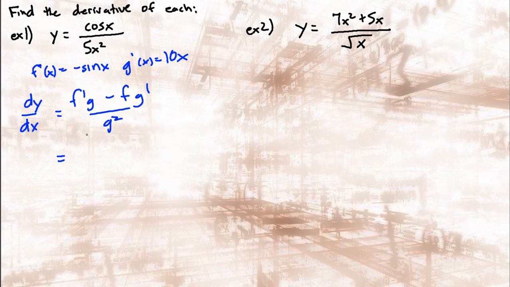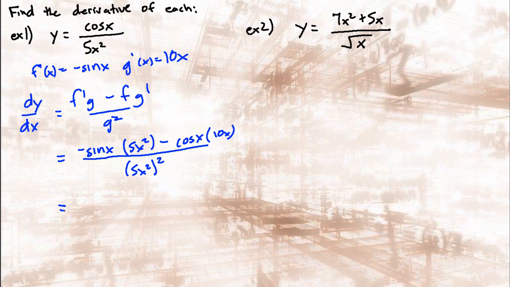So the derivative of the numerator is negative sine x times the denominator, 5x squared, minus the numerator times the derivative of the denominator, all over the denominator squared. So we can simplify this down a little bit, so I'll write it a little bit neater.